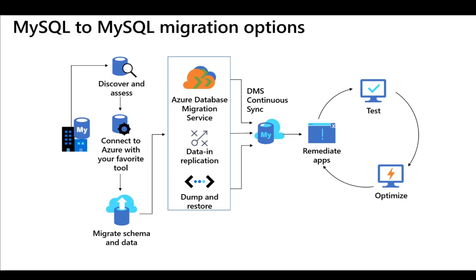But from the database perspective, we can do the cutover in less than 5 minutes. And we have done this with multiple customers. And towards the end of the presentation, I have one example where we did the migration from AWS to Azure in a 20 minutes outage, and that includes updating the connection string, application testing, as well as the switchover.